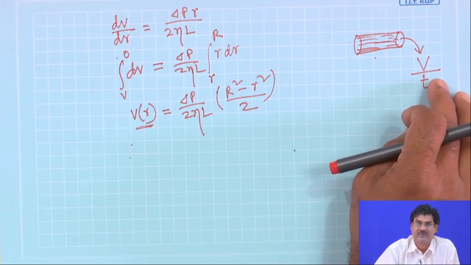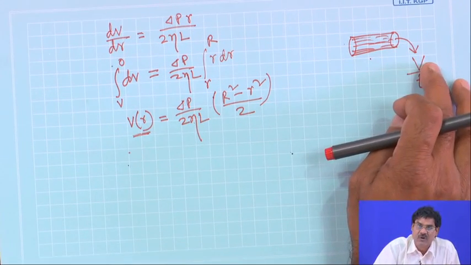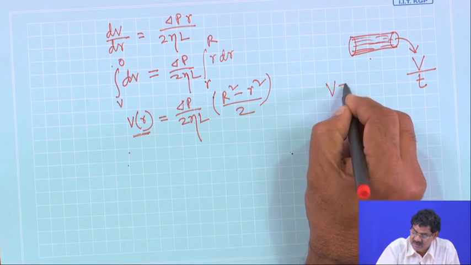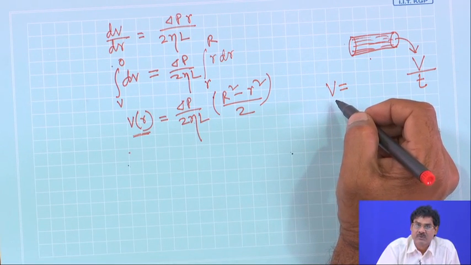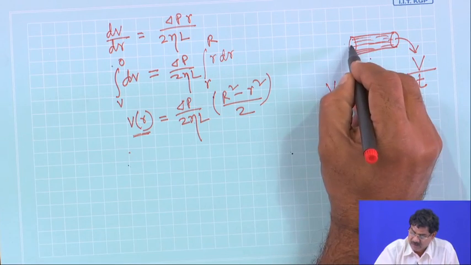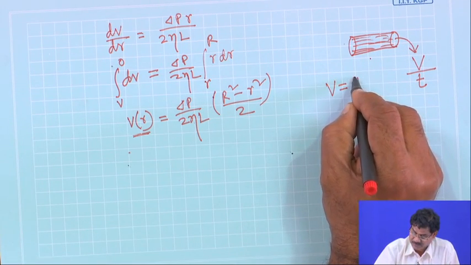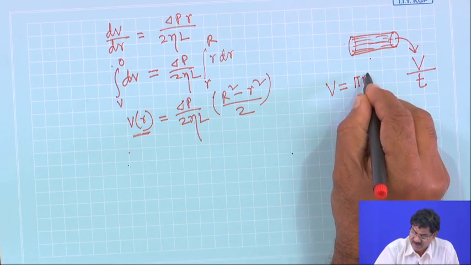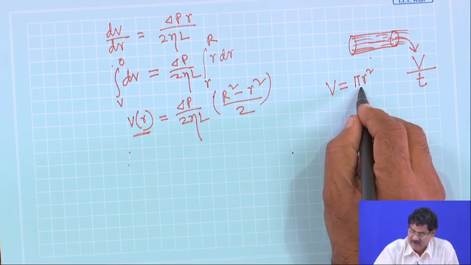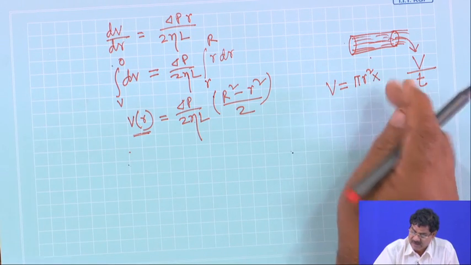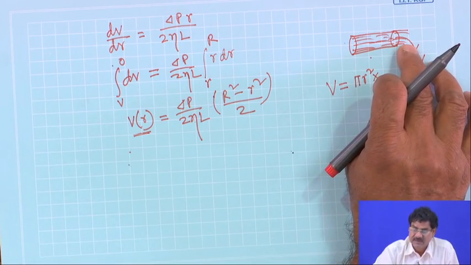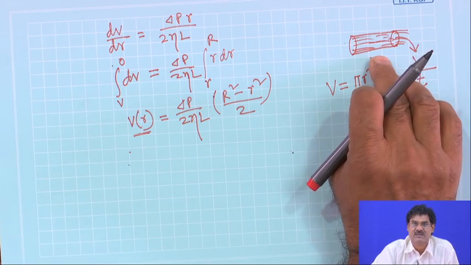Now, if I collect water for time t, the volume of liquid coming out is V. This V is related to the area, pi r square, through which the liquid is coming out, and per unit time, the length it travels is basically the velocity of the liquid.